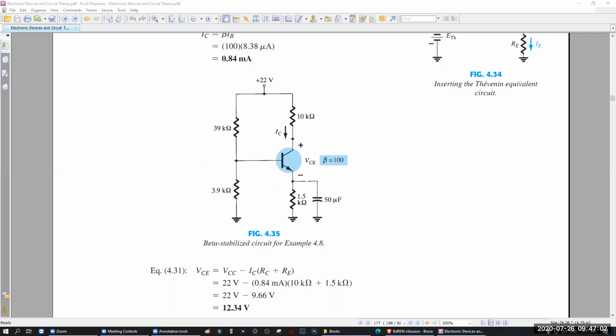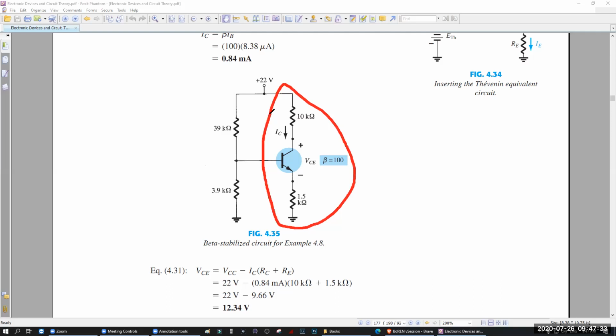What type of capacitor is this? This is a bypass capacitor. The capacitance that is with the RE is the bypass capacitance. So all of them are eliminated. This part is unchanged.